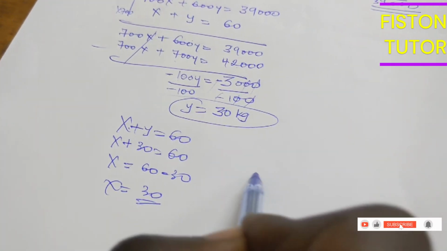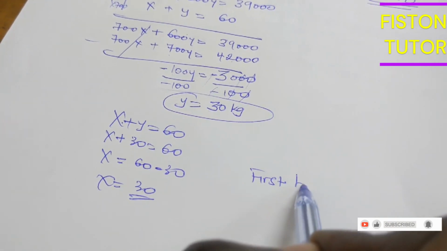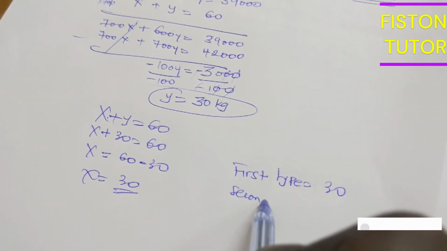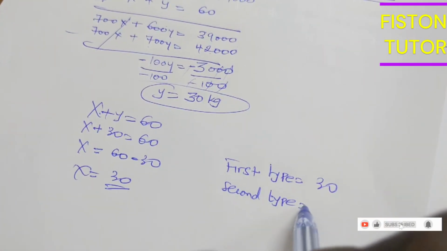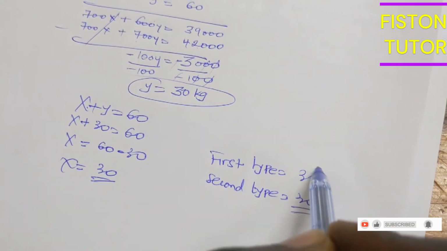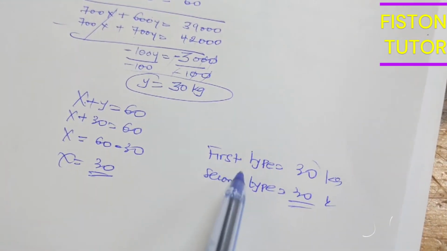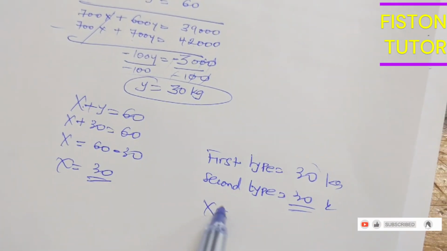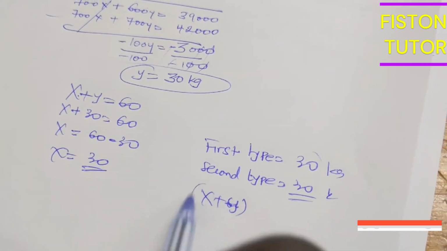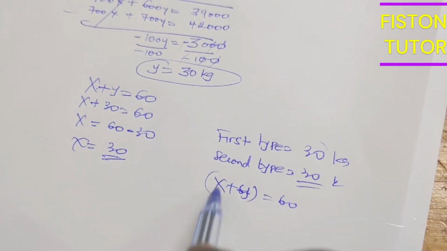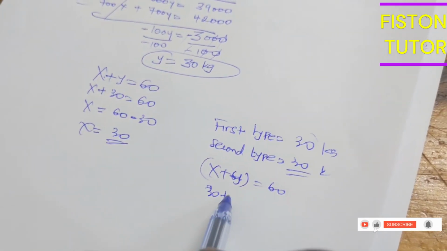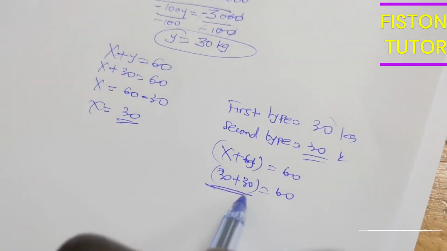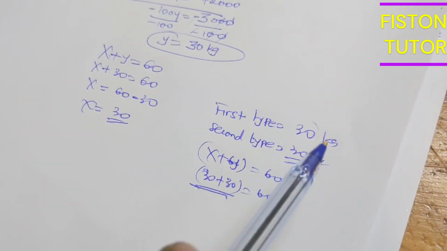To mean that the first type is equal to 30 and the second type will be equal to 30 again, 30 kilograms. And to mean that the total mixture we have is x plus y, which is 30 plus 30, and it will be equal to 60. That is the amount we have.